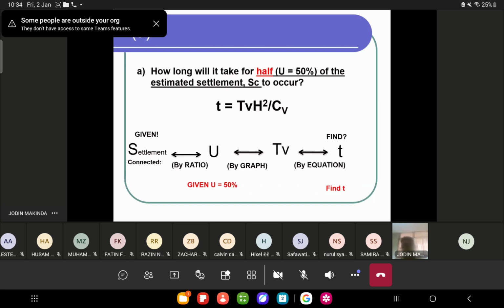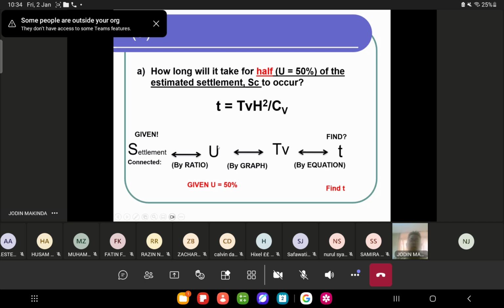So in number one, how long will it take for half of the settlement to occur? Meaning that you are given U, 50%. You need to find time.